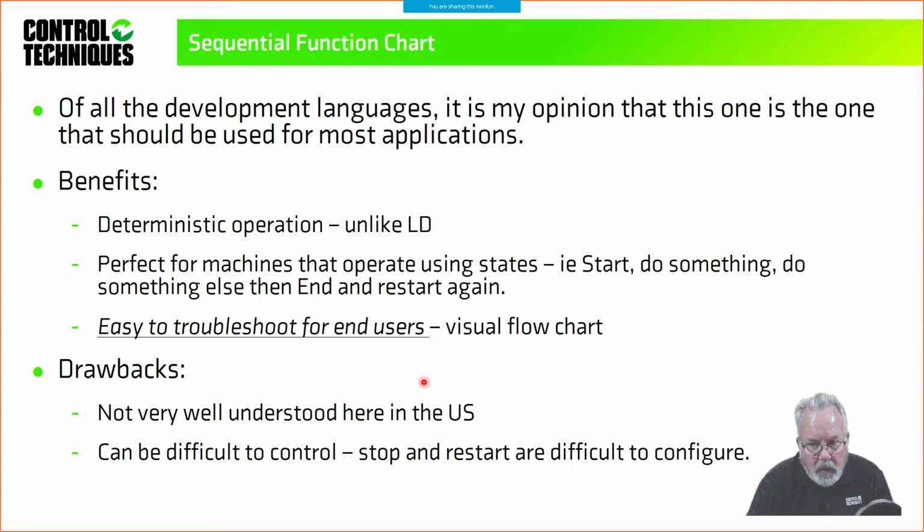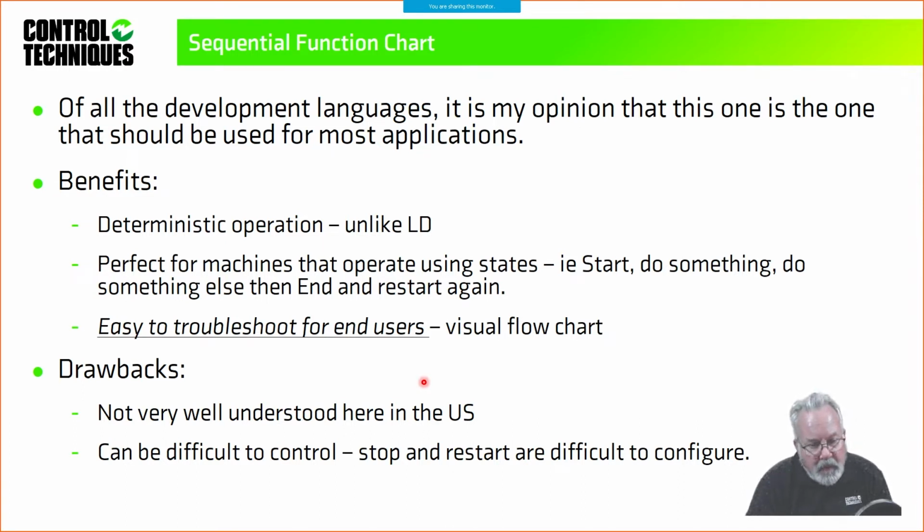And it's easy to troubleshoot because it's visual. I was just talking to Jack there about a visualization. Well, in my opinion, the sequential function chart would make for a fine main screen on a HMI. It's here you are, here's what's going on. Oh, I'm stuck on this step. Well, let's go look at it.